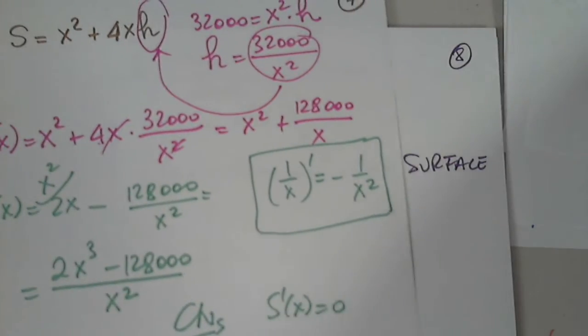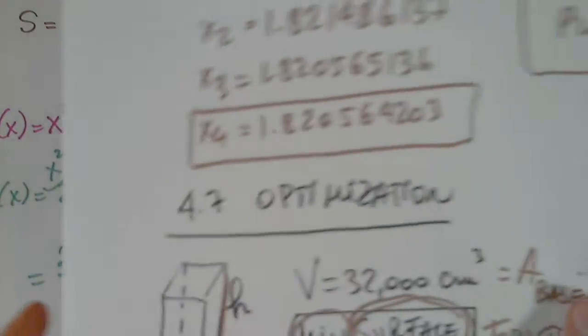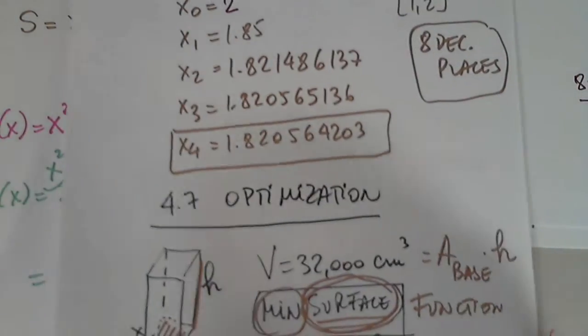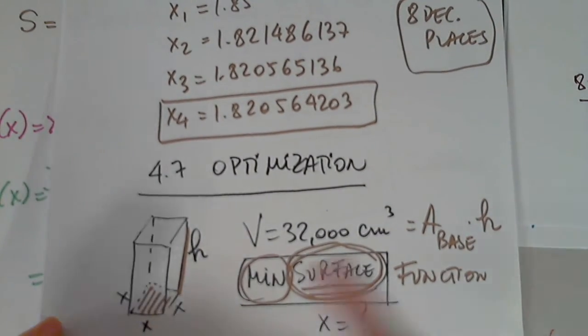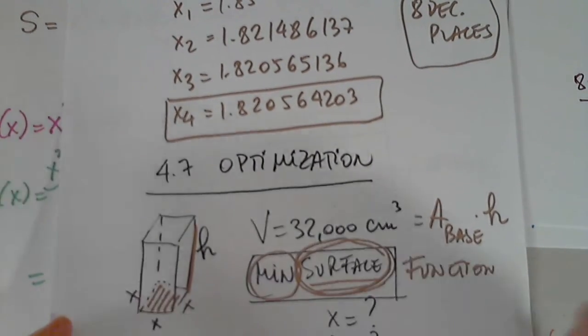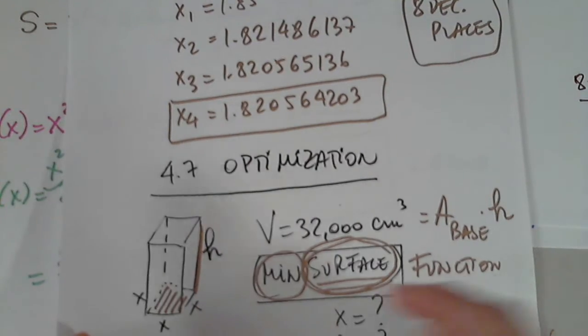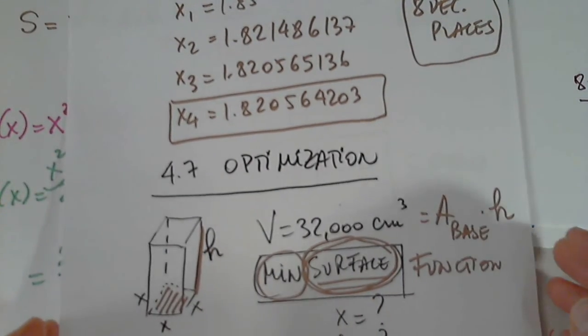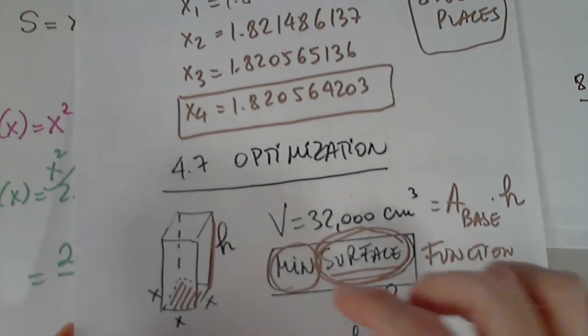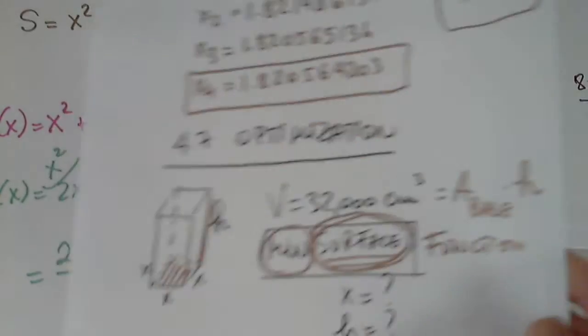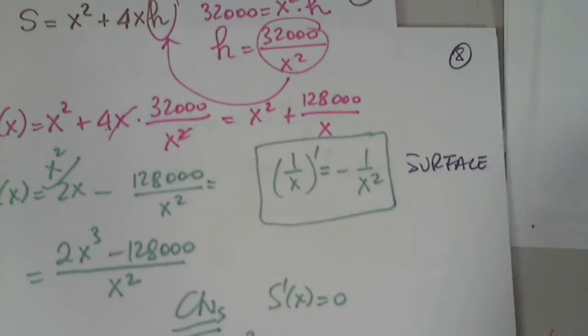So what we did, we created a little figure. We wrote what we were given, the formula for the volume of such a box, and identified what we're asked to find. And we're asked to find the minimum surface, actually find x and h for the minimum surface. We needed to create a function, and we did.